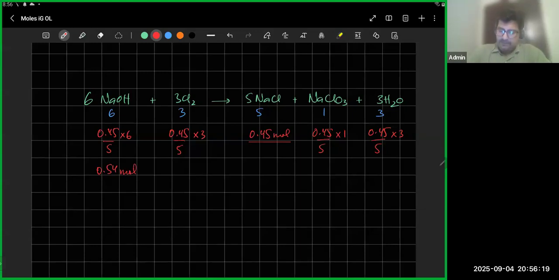Okay, this one, the next one is 0.45 divided by 5, and then I have to times 3. So that's 0.27 moles. That's 0.45 divided by 5. 0.45 divided by 5, that's 0.09 moles. And that's going to be 0.27 moles as well.